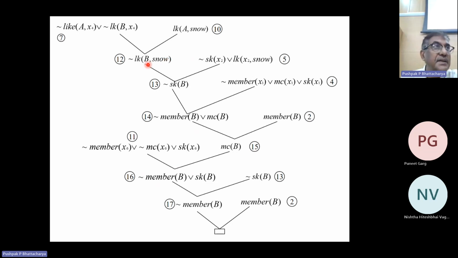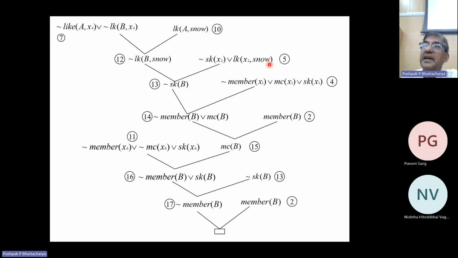Okay, as we did in our reasoning. Next, we'll have to look for an appropriate clause with which to resolve this. So not like B snow is resolved with not skier X2 or like X2 snow. We are trying to prove that B is not a skier.